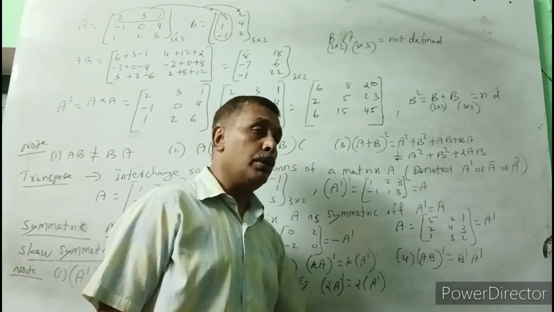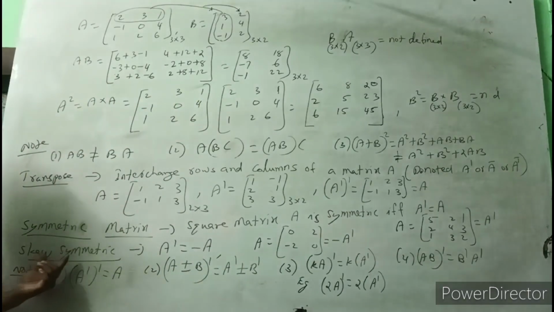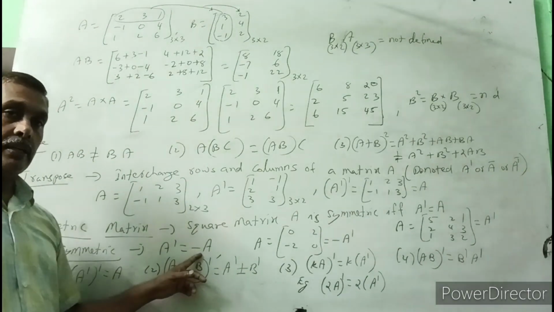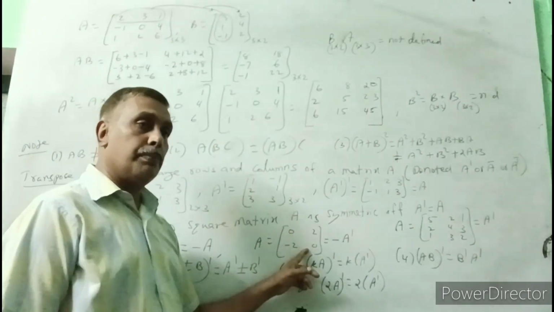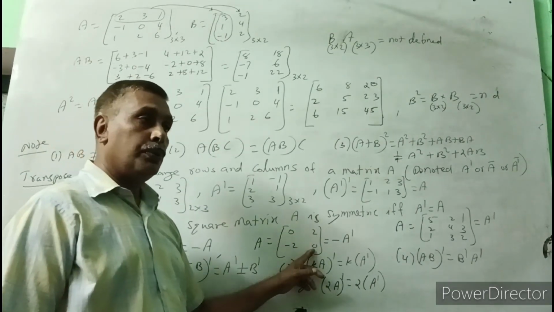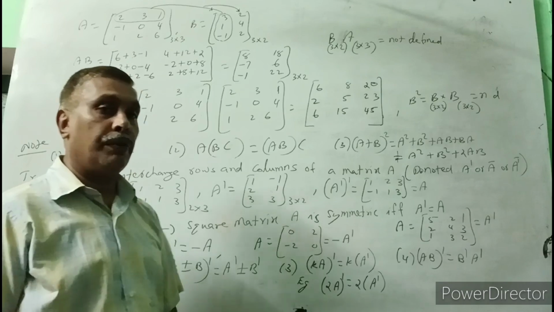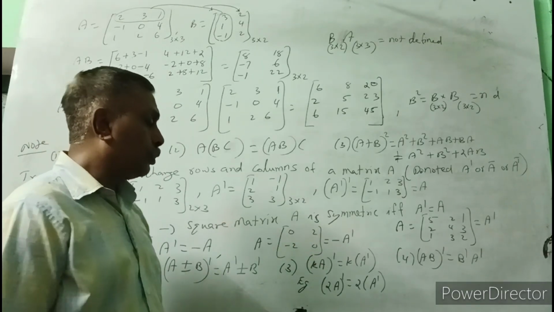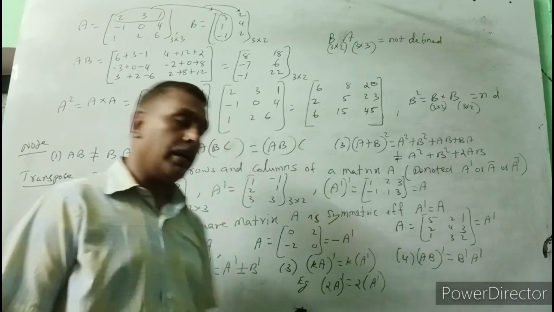Such a matrix is called a symmetric matrix, and another is called a skew symmetric matrix. If the transpose is negative of A, see this matrix. If you are taking the transpose, then its negative will come. So skew symmetric matrix has an important property.